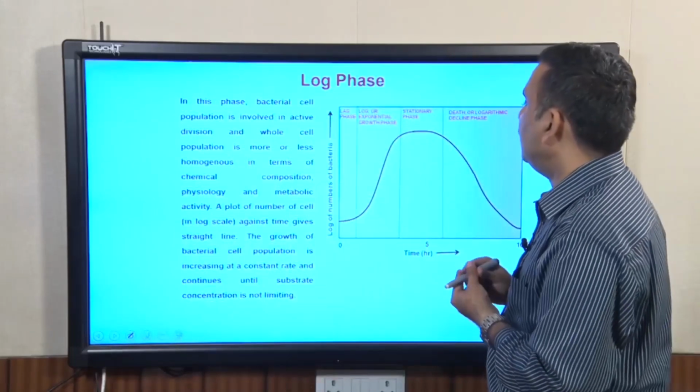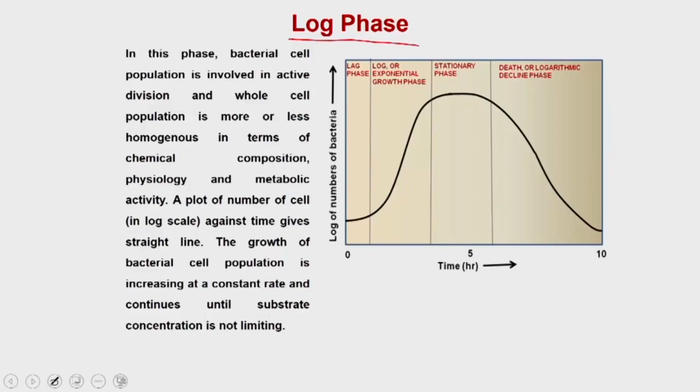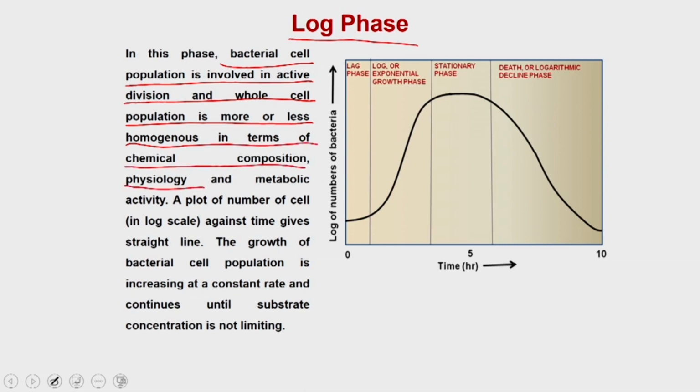Now, let us go to the log phase. In this phase, the bacterial population is involved in active division, and the whole cell population is more or less homogeneous in terms of chemical composition, physiology and metabolic activity.